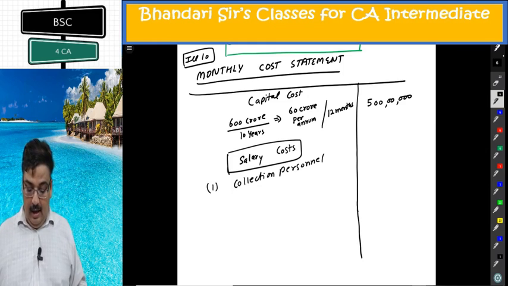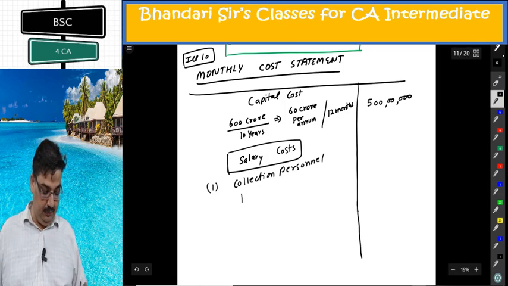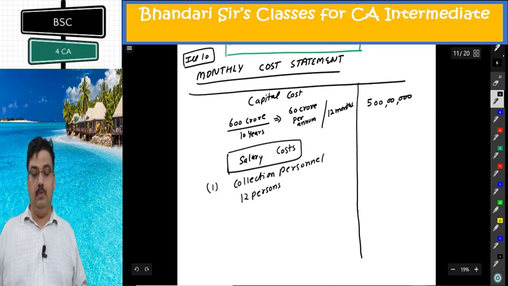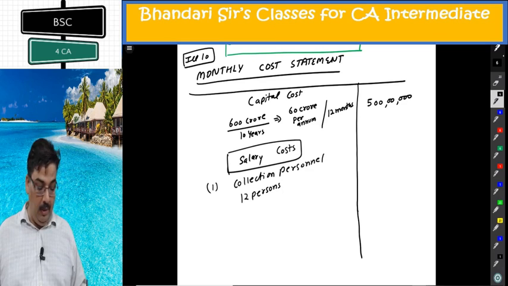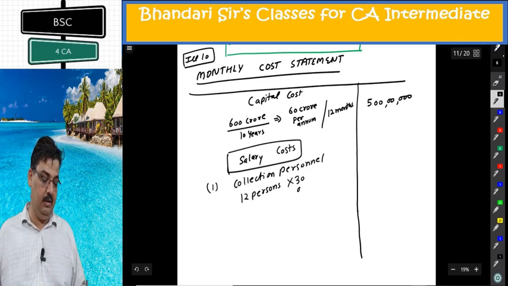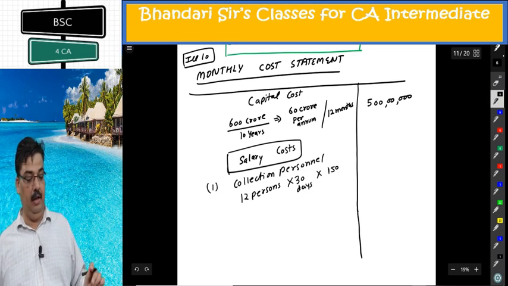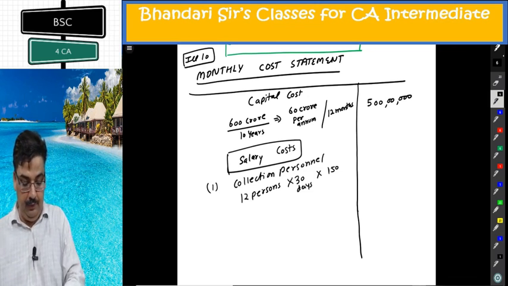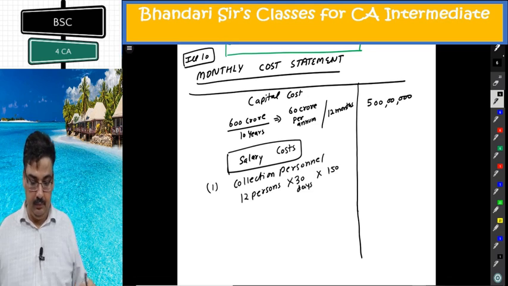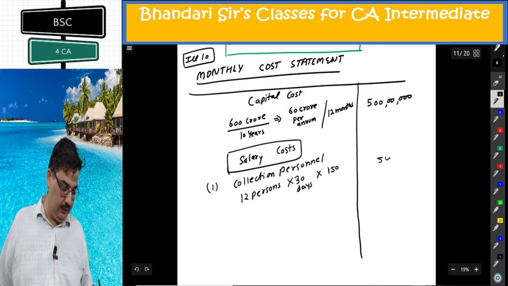In one day, we need to check how many persons, how many shifts. 3 shifts, 4 persons per shift, 12 persons per day. And how many days are there in April? 30 days. And how much are you paying? 150 per person per day. So 12 into 30 into 150. I'm getting 54,000.